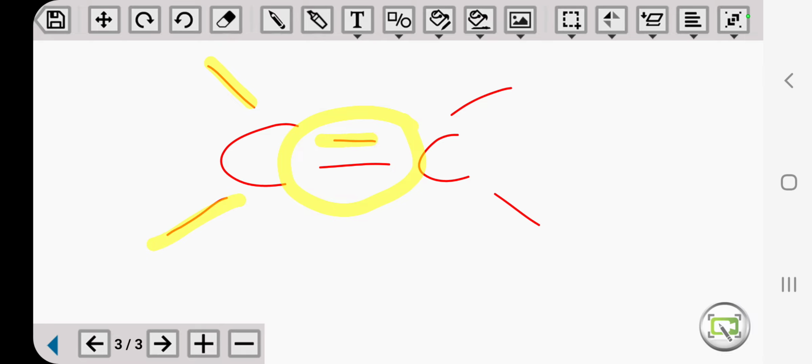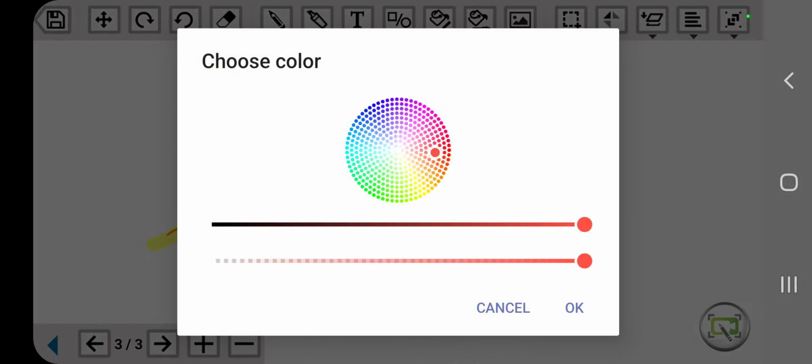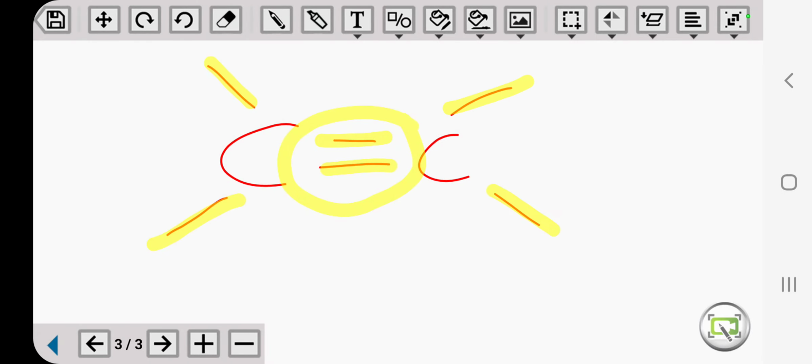Another thing, let's quickly count the amount of bonds around each carbon. 1, 2, 3, 4 for the first one. Can you see there can be a maximum amount of 4 bonds around each carbon? Looking at the next one, 1, 2, 3, 4 again. So each carbon only has 4 bonds around it.